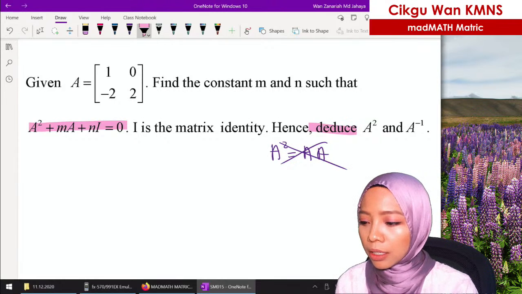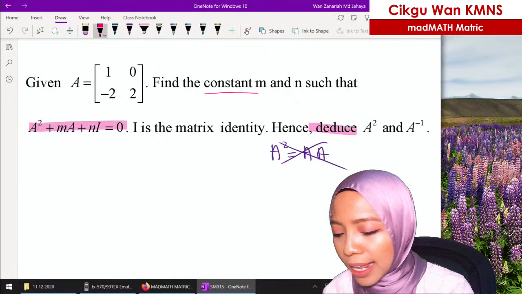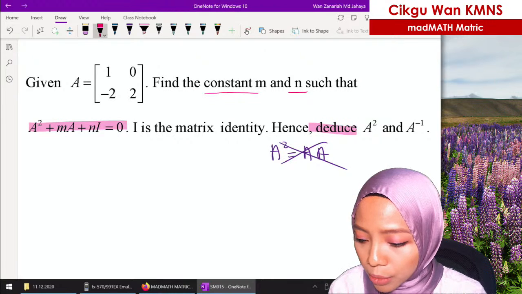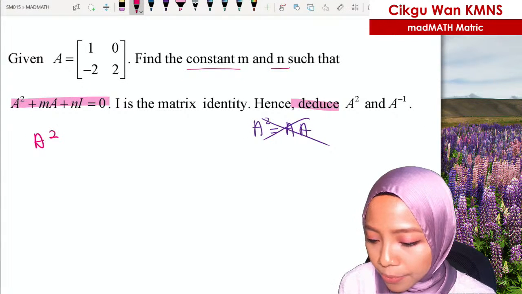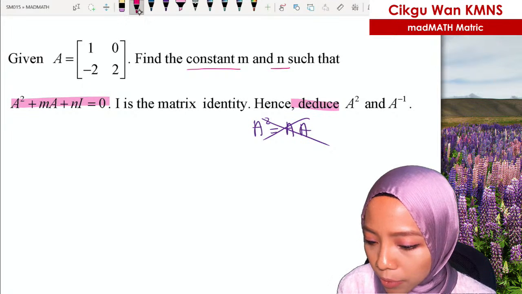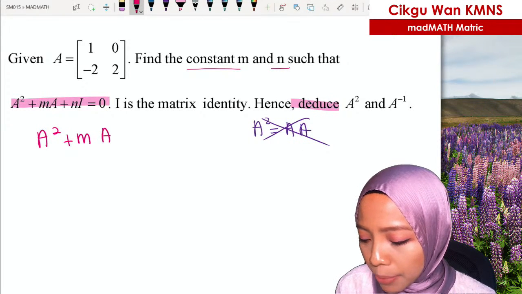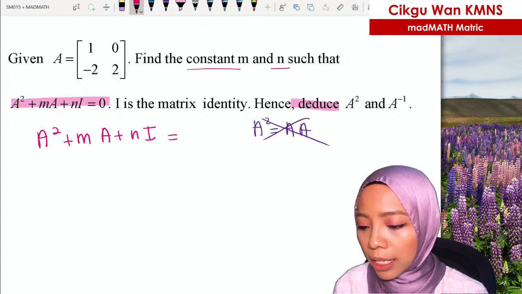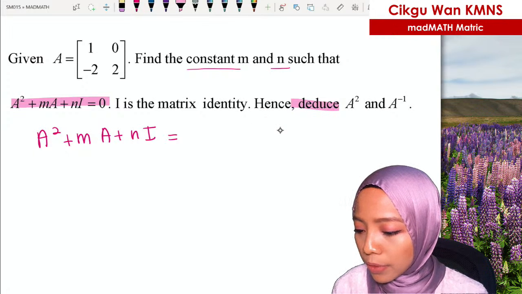Okay, soalan nak find the constants M and N. Kita cari yang itu dulu. So A square plus MA plus NI equals to 0.